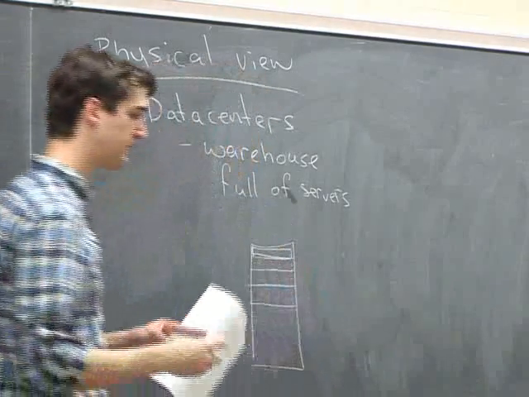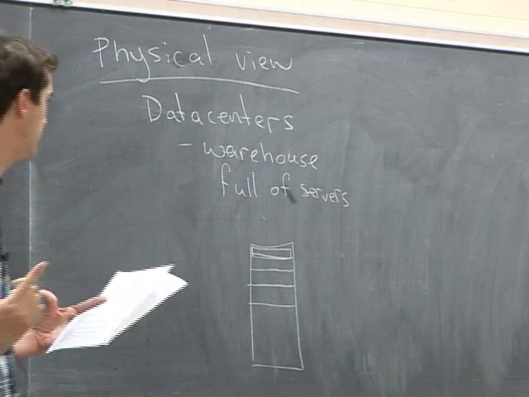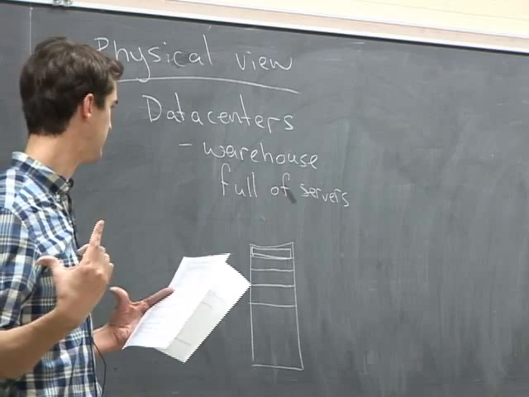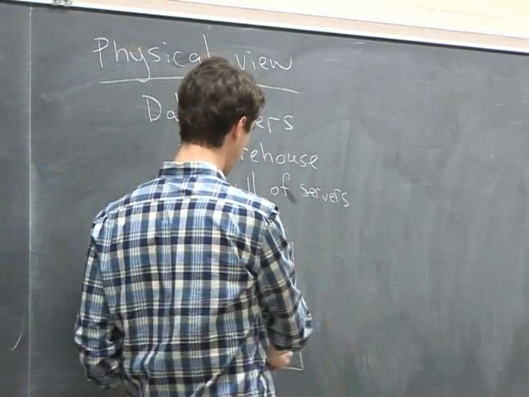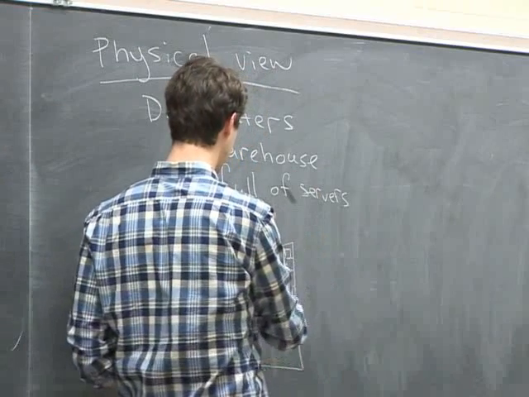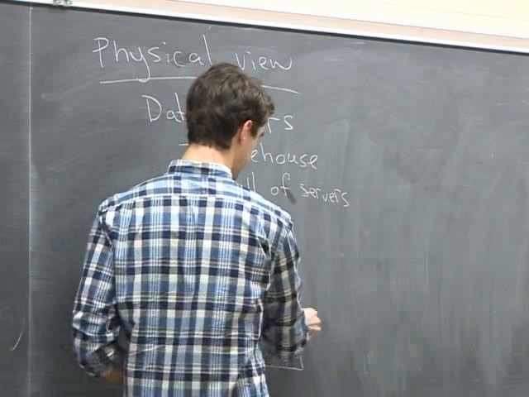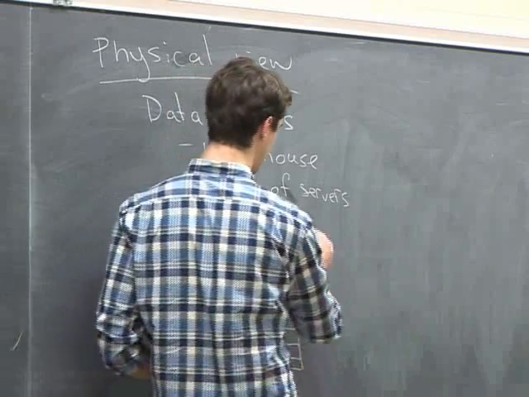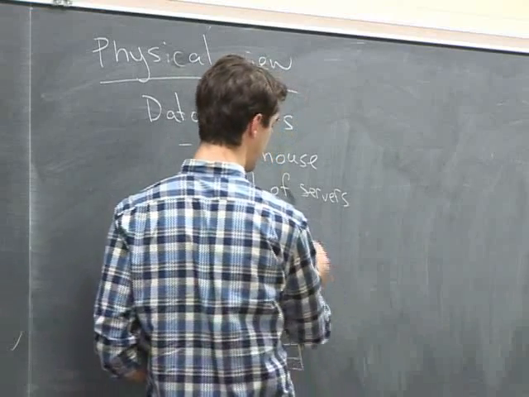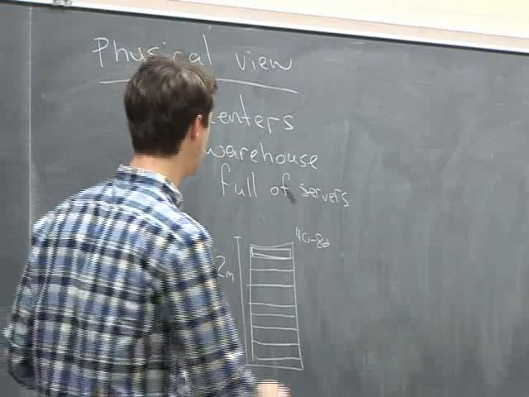These servers are super thin, about half a meter wide, and the racks are typically 2 meters tall. With these pizza box size servers, there's typically about 40 servers per rack, 40 to 80.